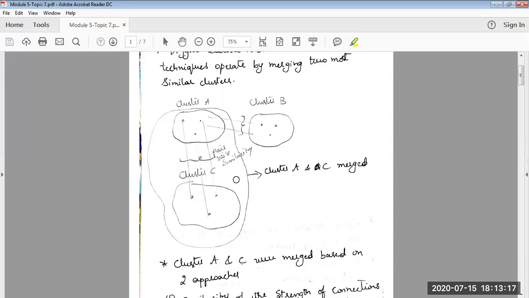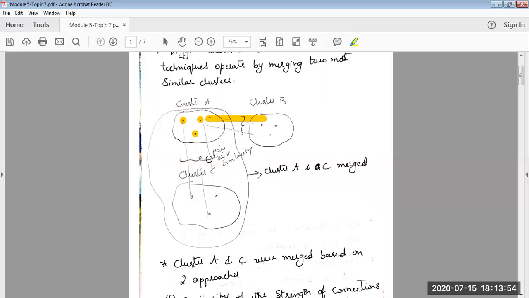For example, if you are using a pairwise similarity, you take up each and every point in a specific cluster, compute the proximity to other points in a different cluster, and you obtain the average of all the distances that were computed. So it is done with respect to cluster A and B, then cluster A and C, then B and C. So we try to obtain pairwise proximity between data points in different clusters.